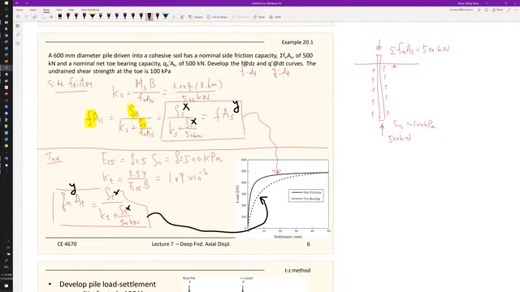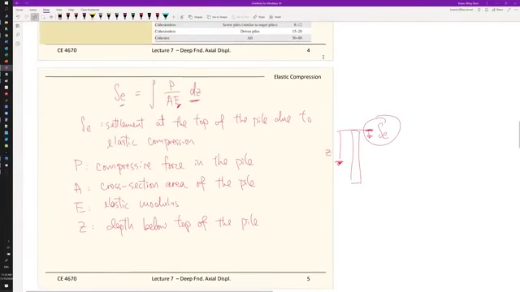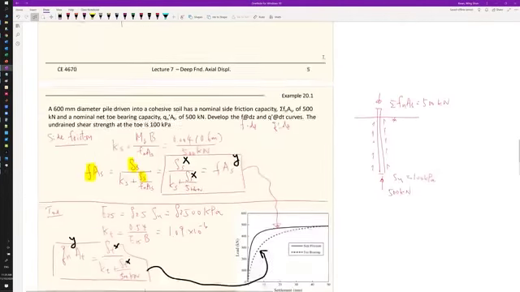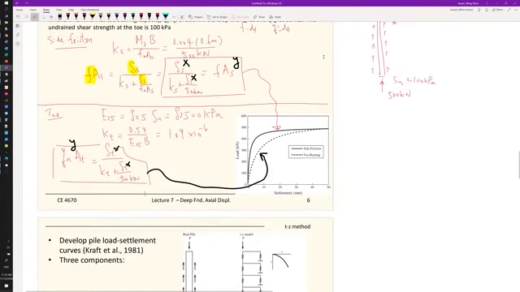So these are only two components of the total settlement. You still need to find the elastic compression that we talked about previously with these equations. Then you add up the three components, and that will be your total settlement. And again, this total settlement will be represented by a curve.